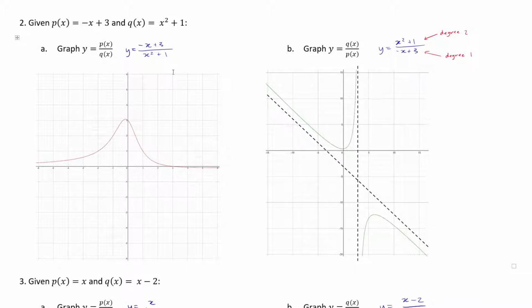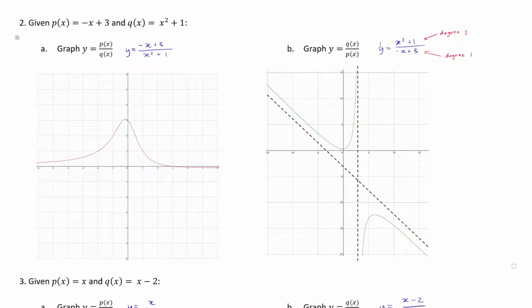This is going to be a continuous function because if we look at the denominator, there is no value of x that would cause the denominator to have a value of 0. Again, there is no real value of x that would cause this denominator to go to 0. As a result, we have no vertical asymptotes.